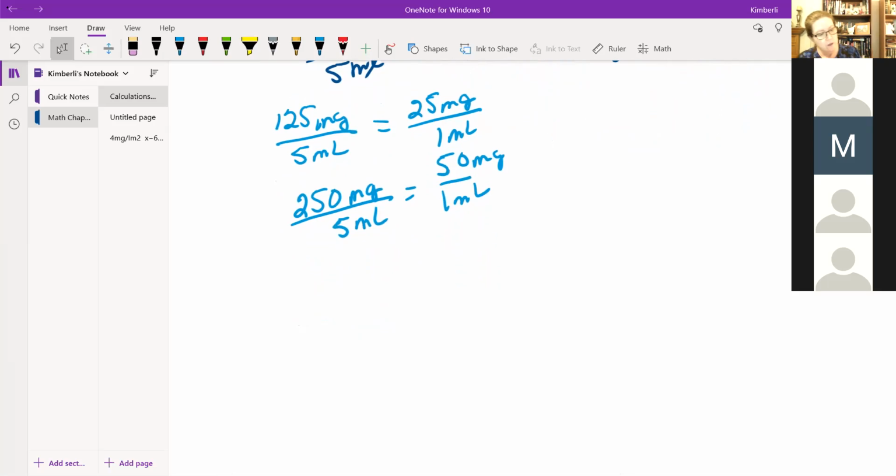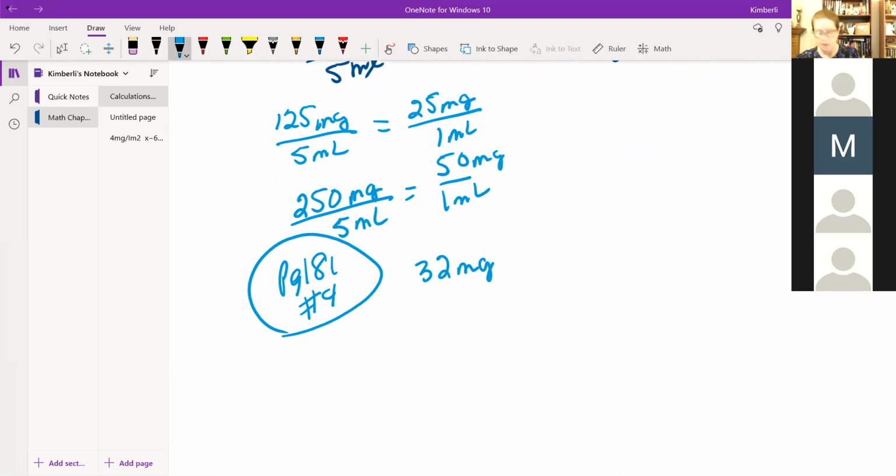Okay, the other thing too, let's look at your post-test number 4 on page 181. So here's some help with the homework. They want to give the patient 32 milligrams of cephalexin, and it's available in 125 per 5.